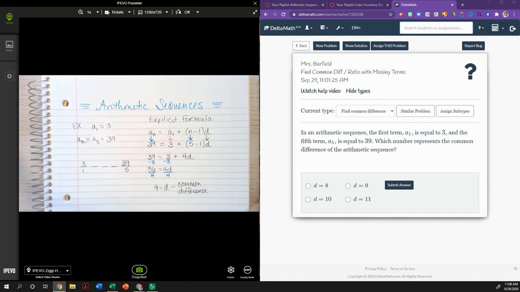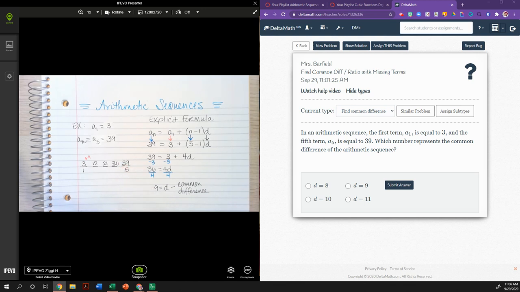So I just need to add 9. If I add 9, I get 12. If I add 9, I get 21. If I add 9, I get 30. And if I add 9, I land at 39. So that's how I can check my work: I can fill in the gaps of the sequence if I'm really concerned that I didn't do the problem correctly.